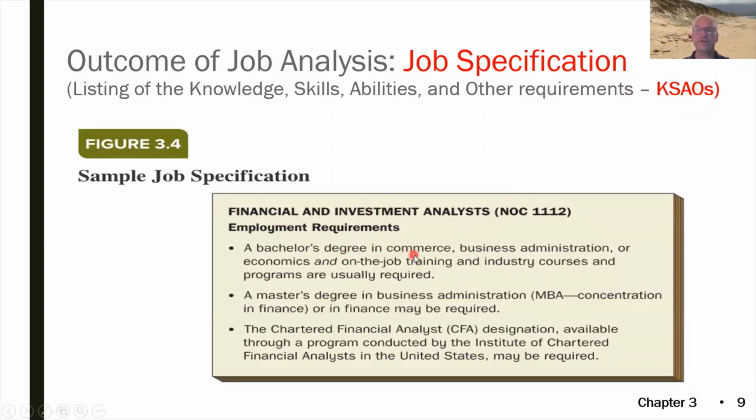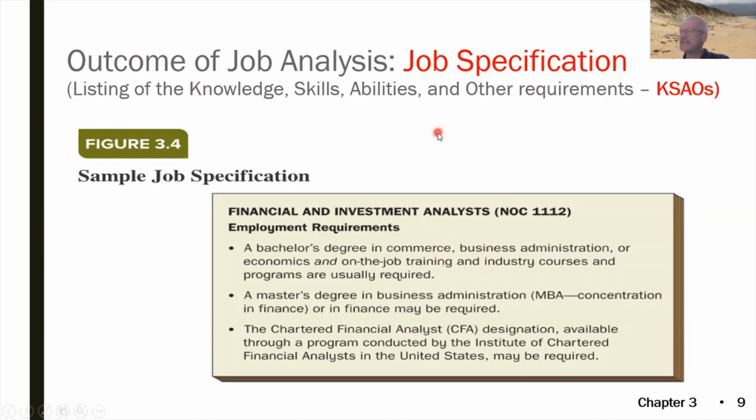Well, a bachelor's degree in commerce or business or economics. You might need to have a CFA, but it's more than just knowledge. You must have the analytical skills. You must have some empathy. You must have good communication skills. All those things are part of your KSAOs.